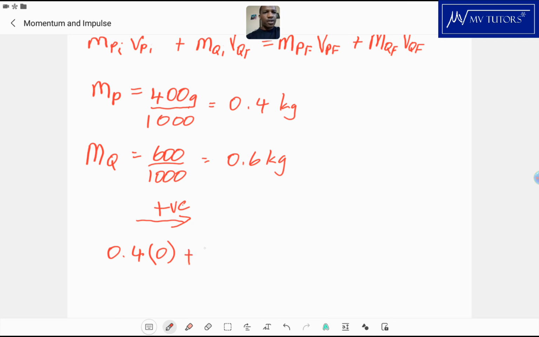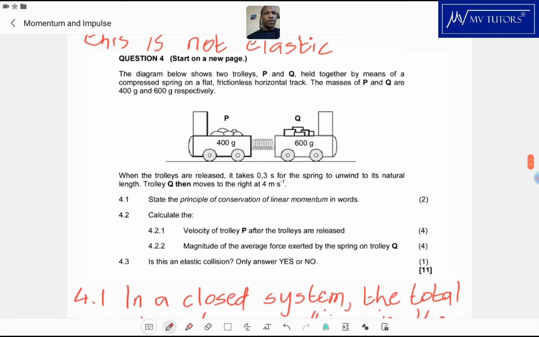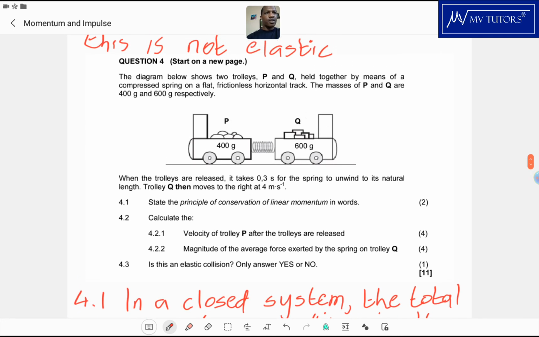MQ is 0.6 times the initial velocity of 0. Coming to this side, we have MP, which is 0.4, times, let's go check the velocity. We are not given the velocity of P afterwards, but we are told that trolley Q moves to the right at 4.